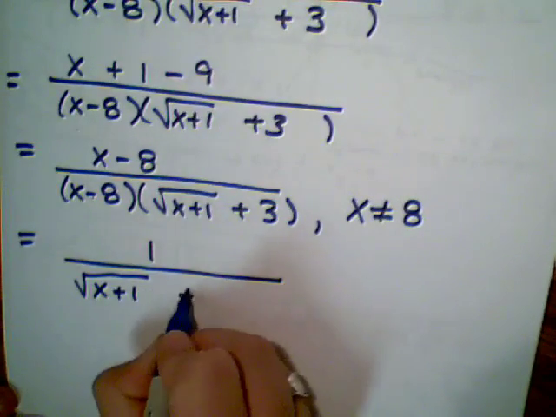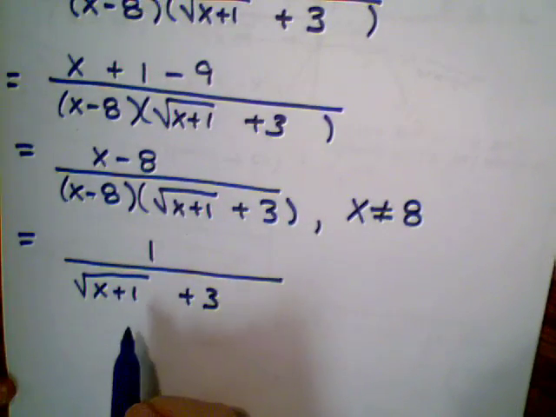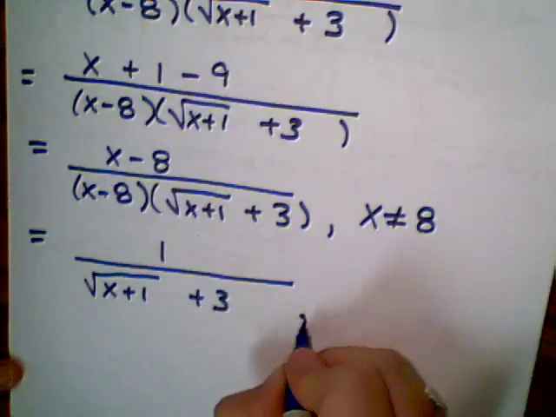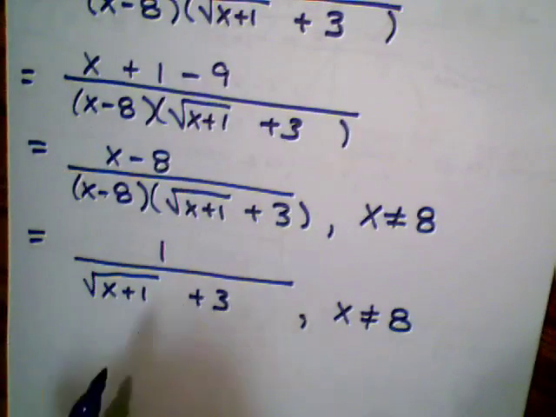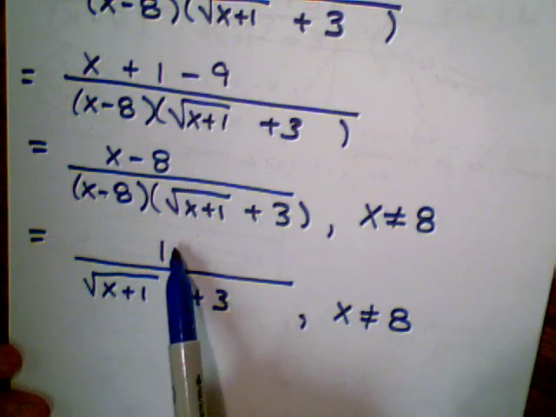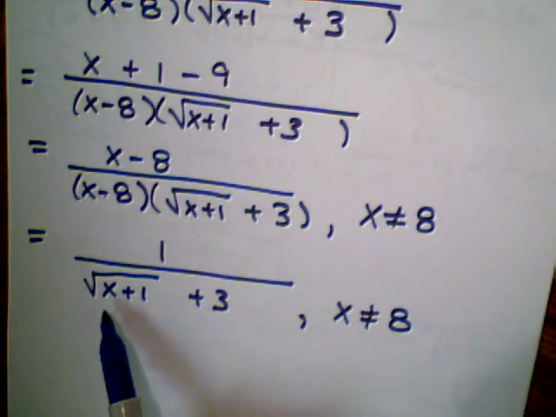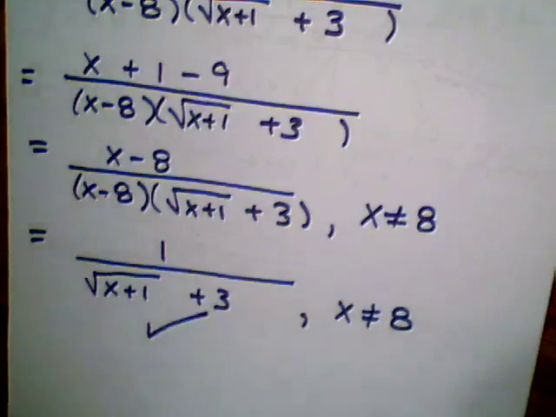And all I'm left with in the denominator is the sum. Oh, and we again remind the reader that x cannot be 8 when we use this expression to evaluate. All right. So we rewrote the function. No longer does it have a square root in the numerator. It has a square root in the denominator, but depending on the context of the problem, this can be just fine. Okay. So example 5 complete.